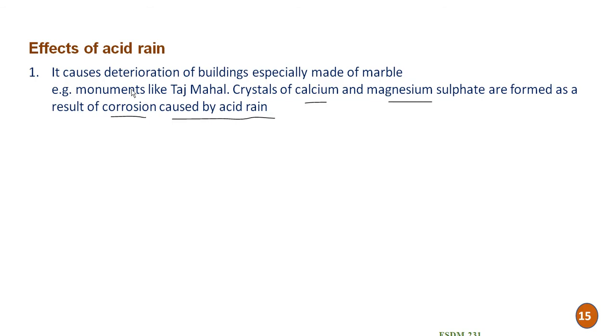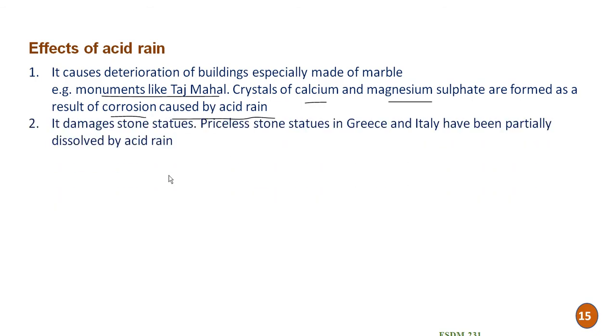This is a notable effect, causing corrosion of famous monuments like the Taj Mahal made of marble. Second, it damages stone statues. Priceless stone statues in Greece and Italy have been partially dissolved by acid rain.